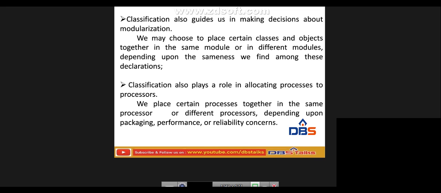Next, classification also guides us in making decisions about modularization. Whenever you go for modularization, classification guides how the decisions are made for particular modularizations.